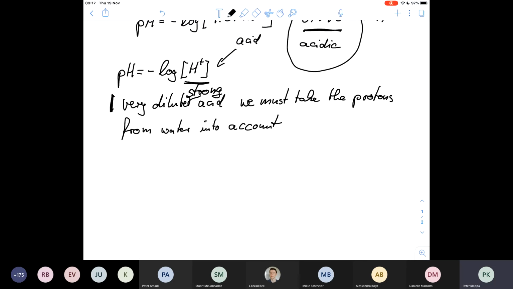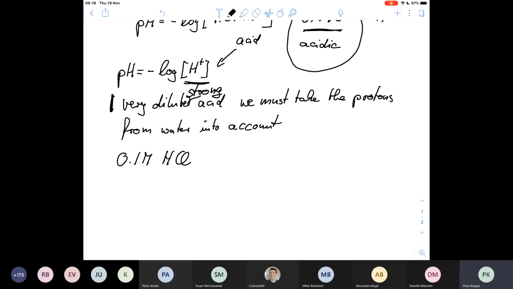Of course, if we even have, say, a 0.1 molar solution of hydrochloric acid, very good. If we have a 0.1 molar hydrochloric acid solution, do we actually need to take the water protons into account?